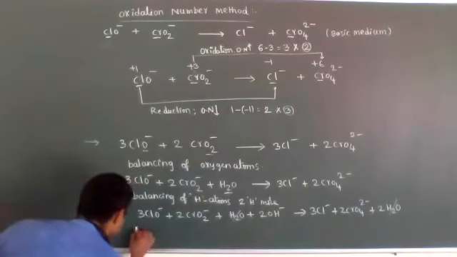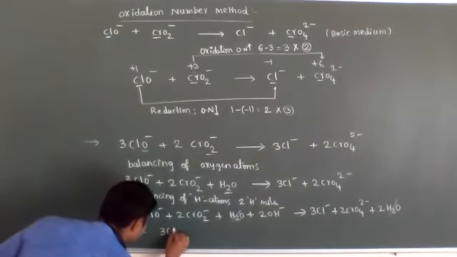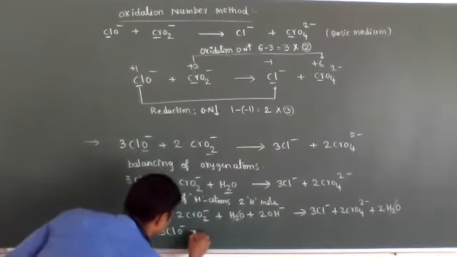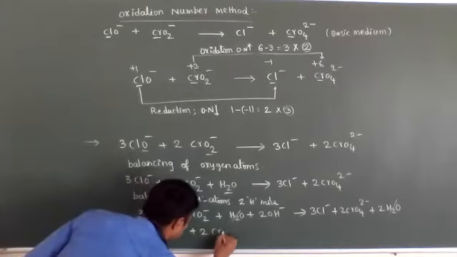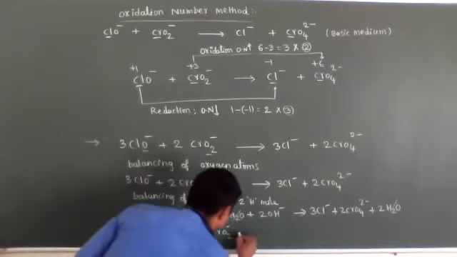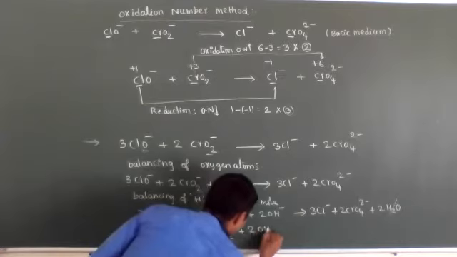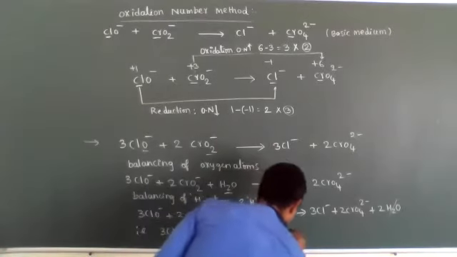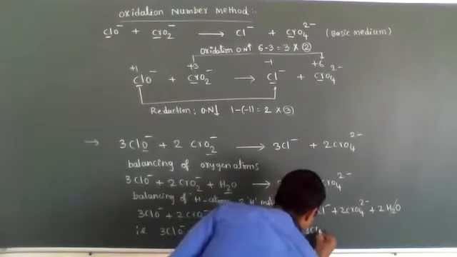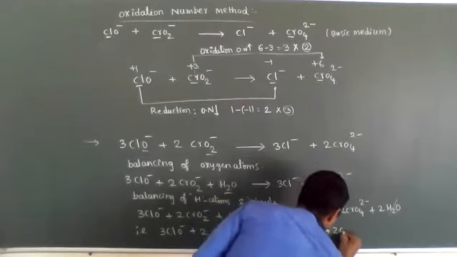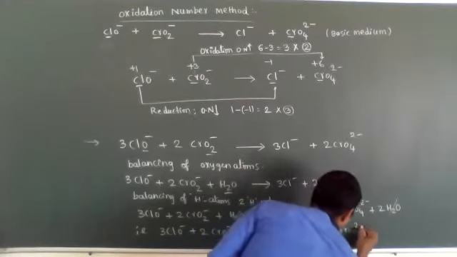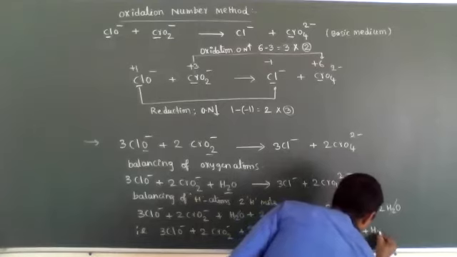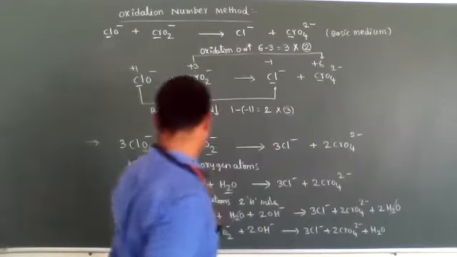Now the final balanced equation is 3ClO minus plus 2CrO2 minus plus 2OH minus converted into 3Cl minus plus 2CrO4 2 minus plus H2O. It is the balanced equation.